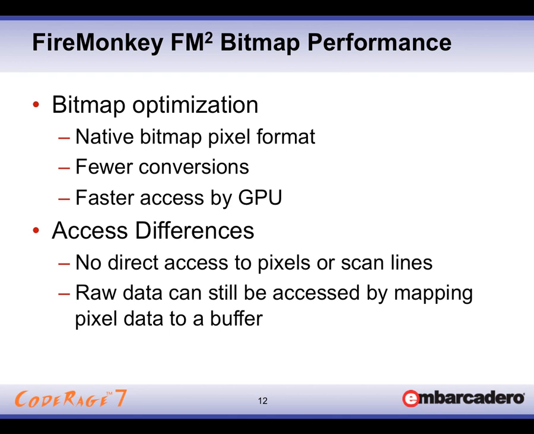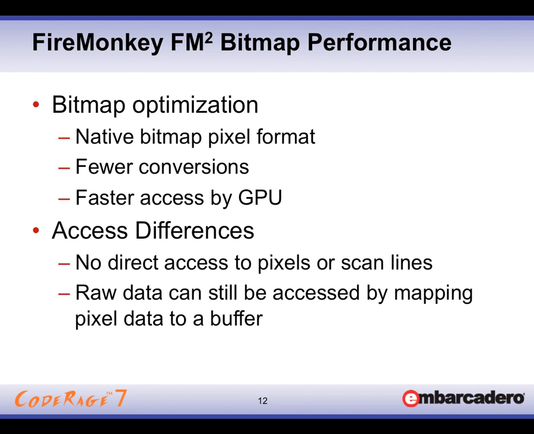For bitmap optimization, in FireMonkey 1, bitmaps were always stored and rendered in FireMonkey's T-alpha color pixel format. And that pixel format doesn't necessarily match the pixel format of the underlying graphics context. So the bitmap data had to be converted often, and there's always a cost that takes a bit of time to do those conversions.